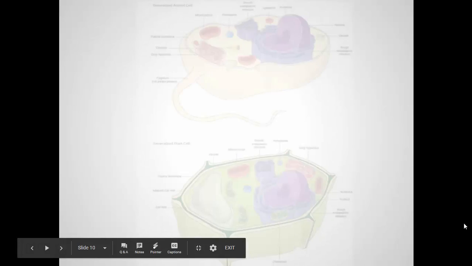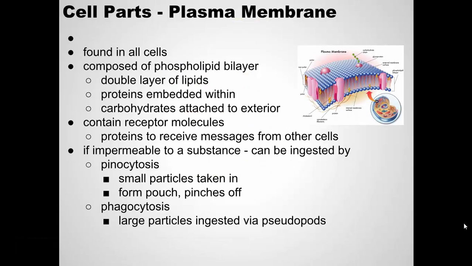So let's talk about organelle by organelle, or cell part by cell part. So the plasma membrane. Plasma membrane, also called cell membrane. Very complex part of a cell.